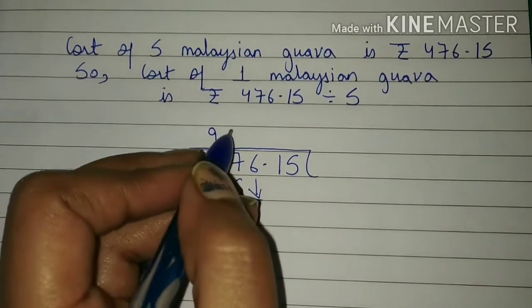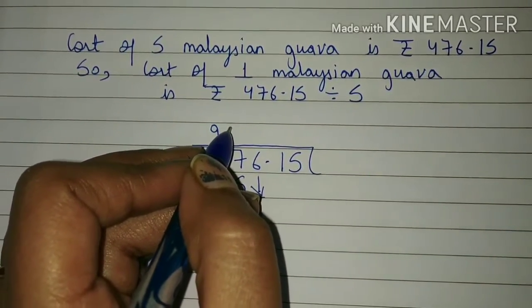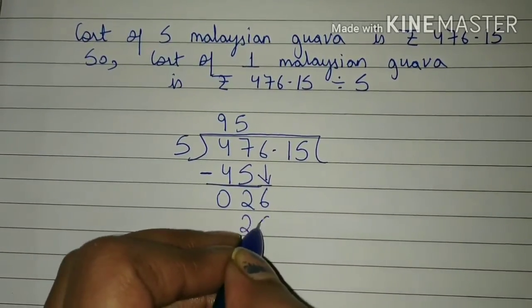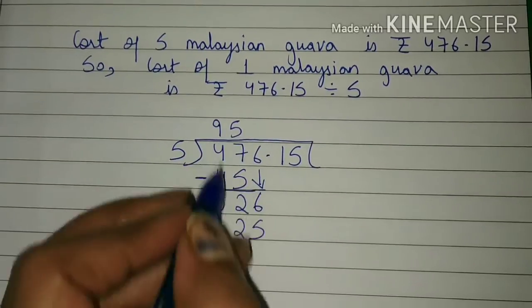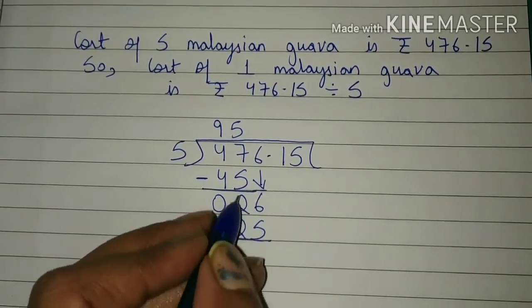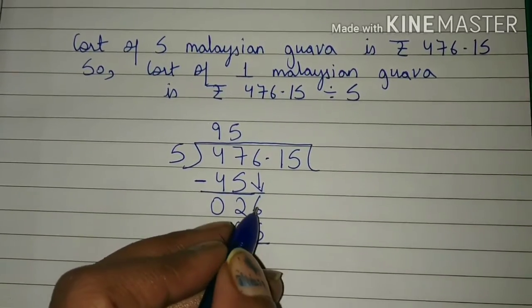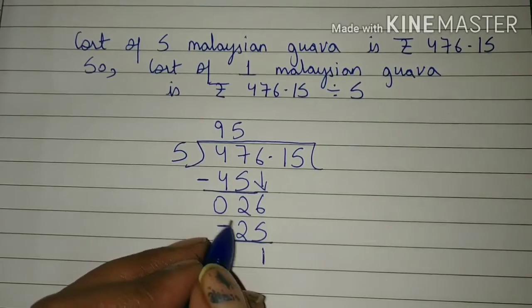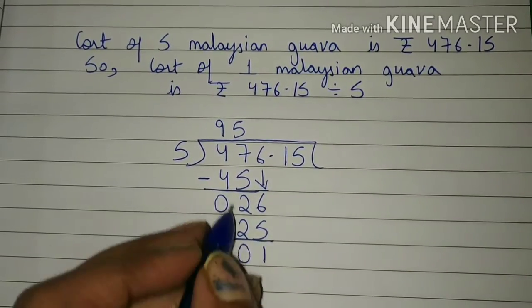So 5 5 ja 25. So we will write 5 here and then 25 here, because 5 5 ja 25. Now students, we will subtract these two numbers. 6 minus 5 is 1. 2 minus 2 is 0.